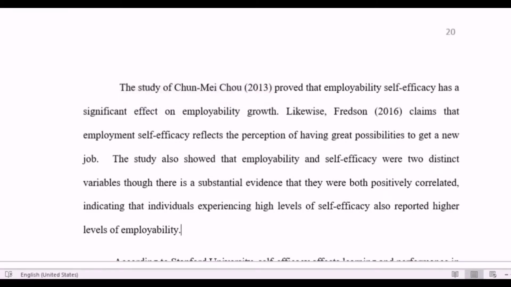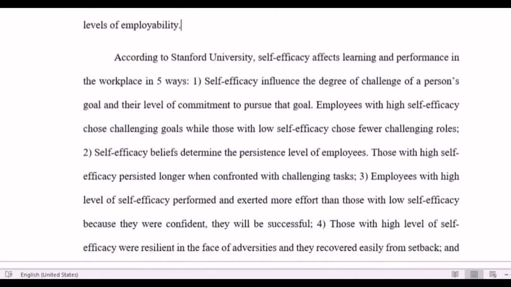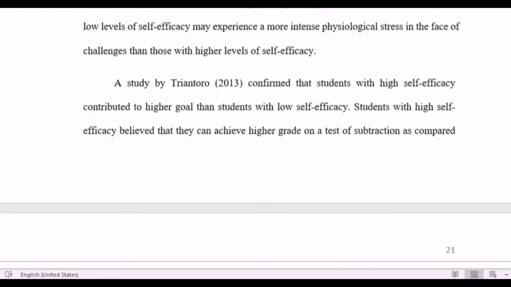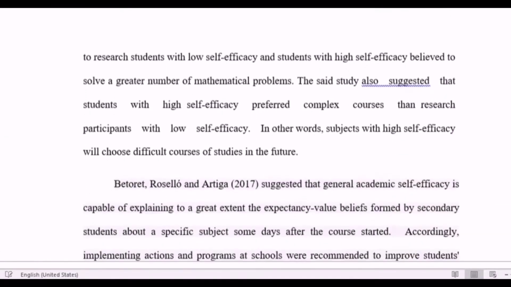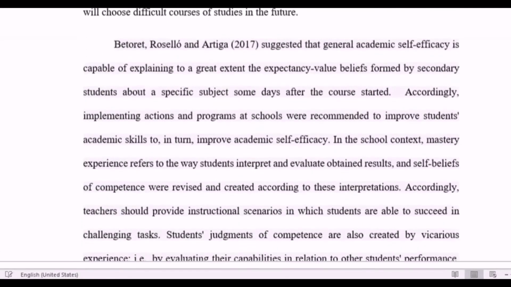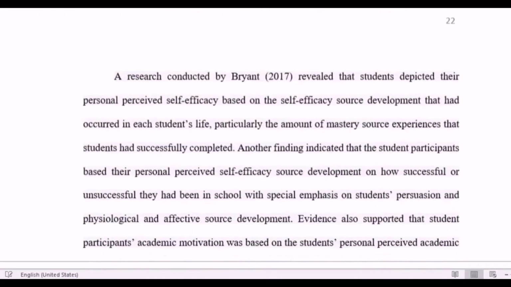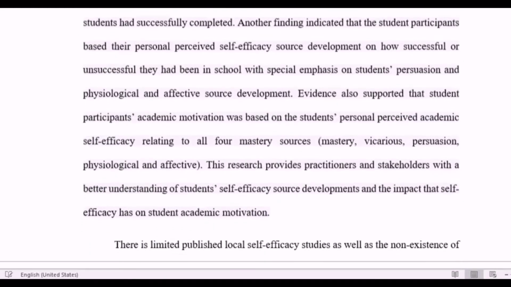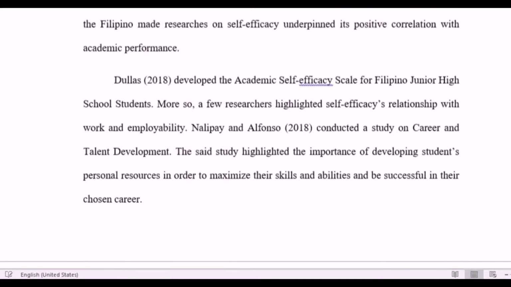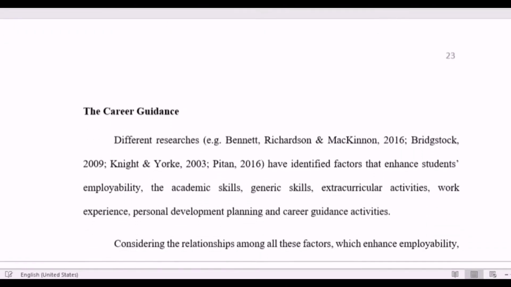Okay? So ayan. And then next topic, pumunta siya ulit sa susunod na topic niya, which is okay, career guidance.